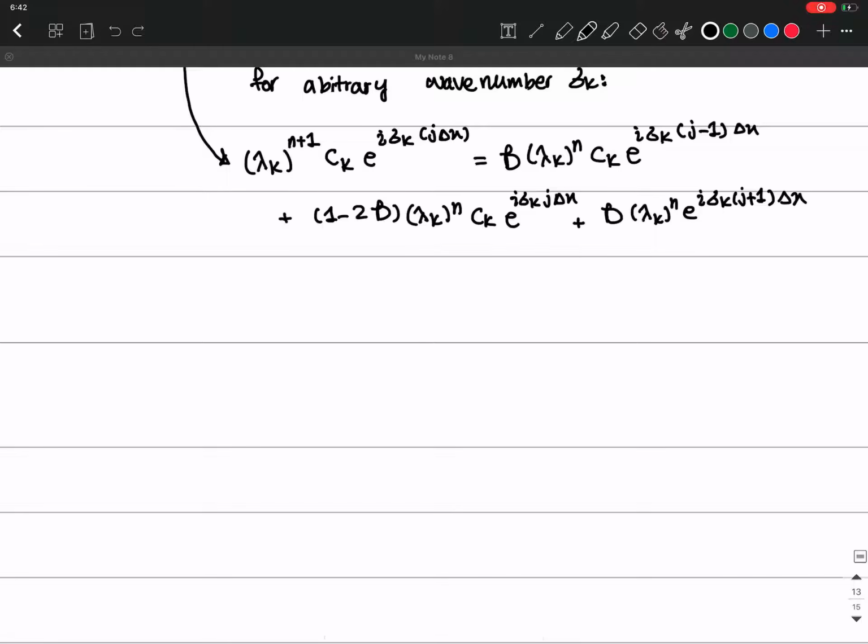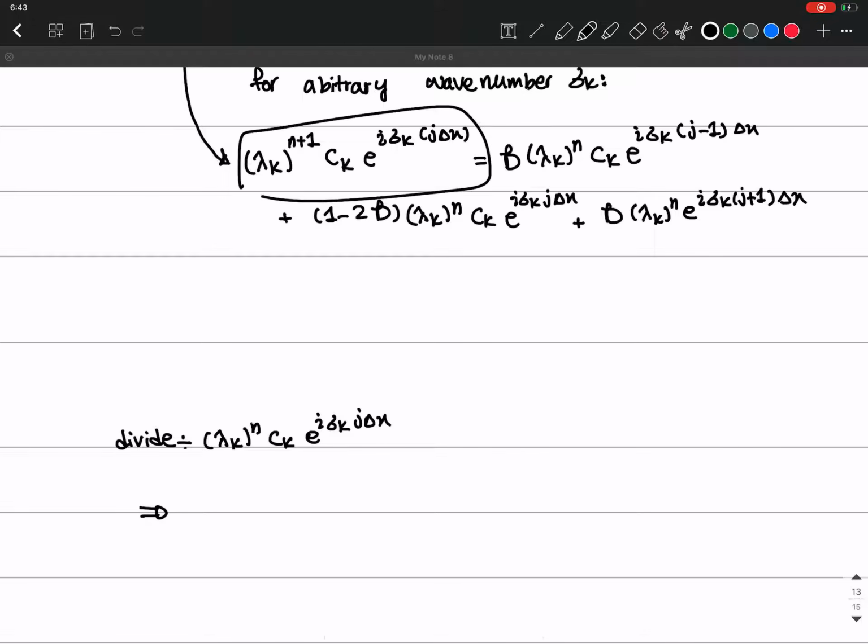So the next thing we want to do is divide everything by lambda_k to the power n times c_k e^(i sigma_k j delta x). And let's see what we will get from that equation. The first term, the only thing that remains is lambda_k, right?